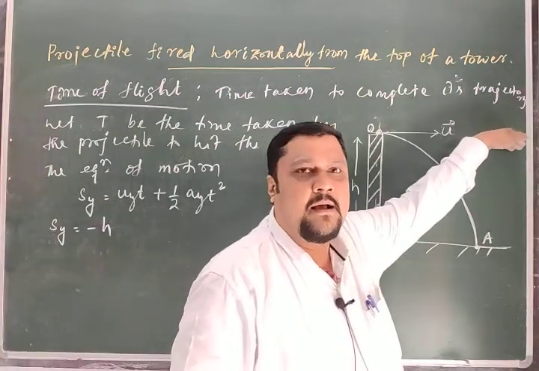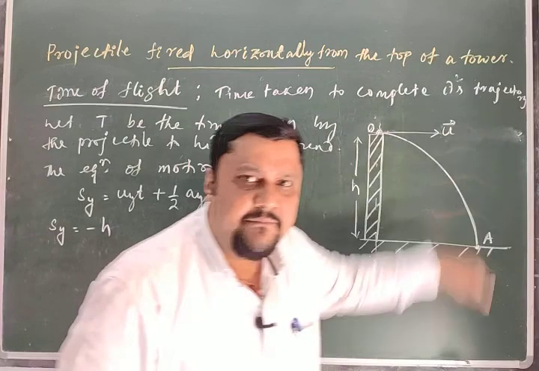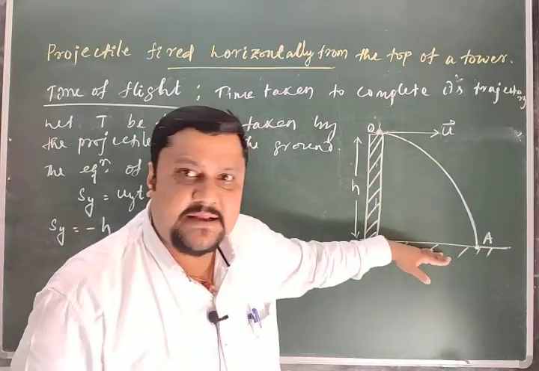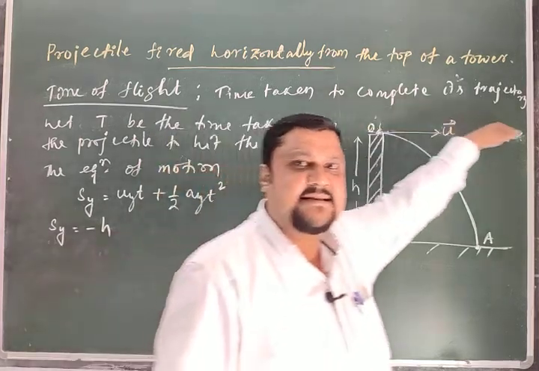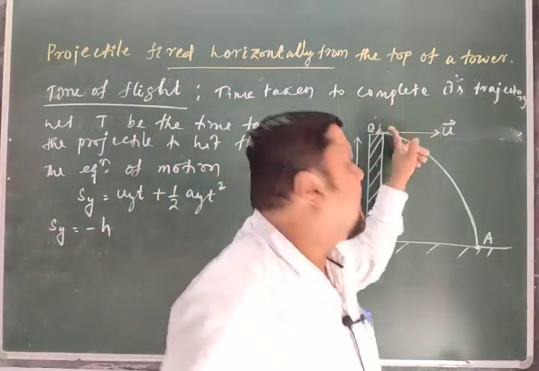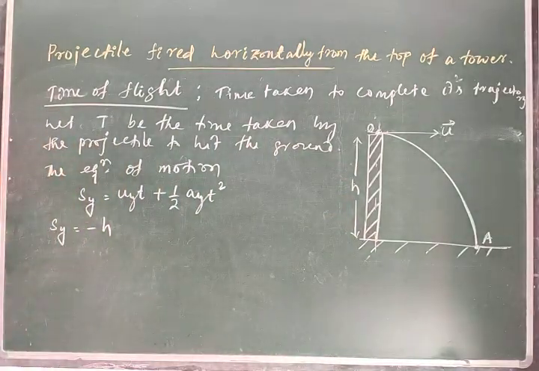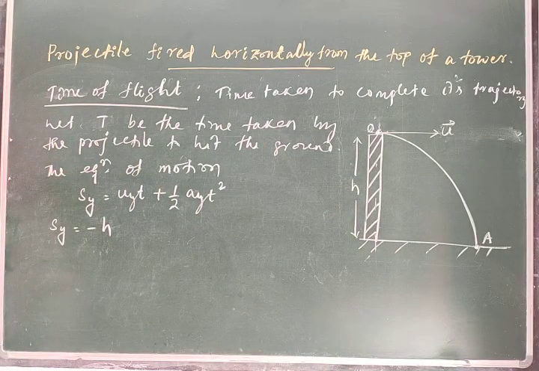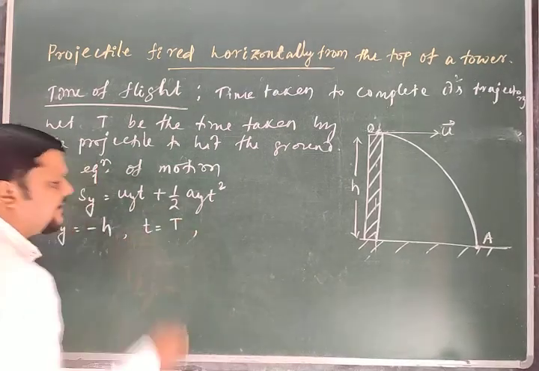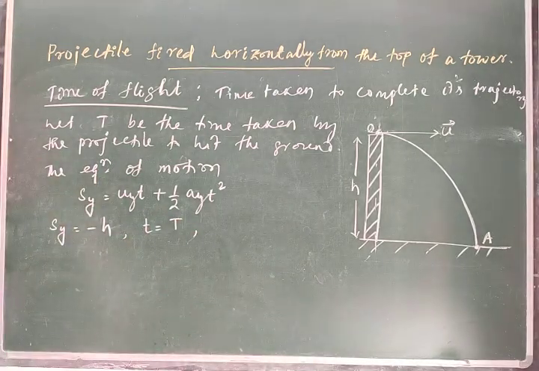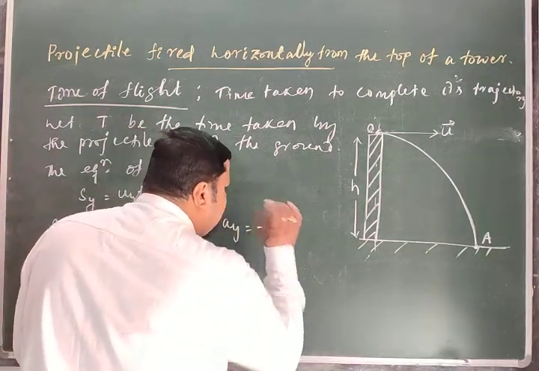The point of projection is the line of reference, the origin, and the ground is below it. So I consider this the x-axis, with positive y upward and negative y downward. The projectile moves in minus y, so Sy is equal to minus h. Here t is equal to capital T, the time of flight, and ay, the vertically downward acceleration, is minus g.